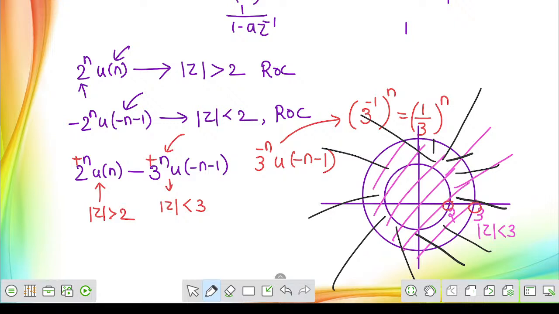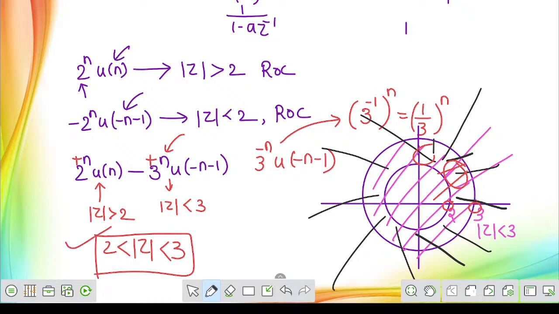What is the common zone? One is going downside, another one is going upside, so they both meet between 2 and 3. So the resultant ROC must lie between 2 and 3. This is one conclusion.